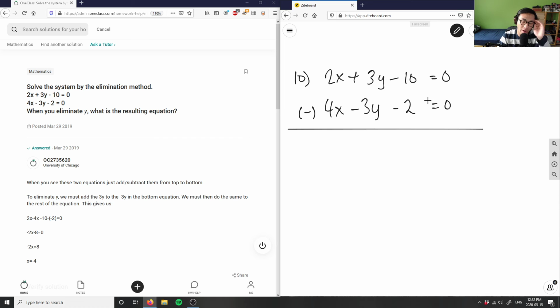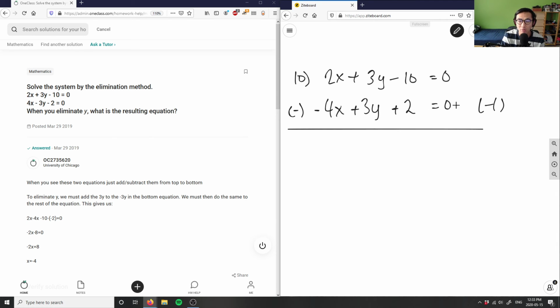So if I want to eliminate y, I can multiply either this equation by -1 or that one by -1, because I want this to be a positive 3. I'll multiply the second equation by -1. If I multiply everything by -1, I'm getting -4x, positive 3y, positive 2.